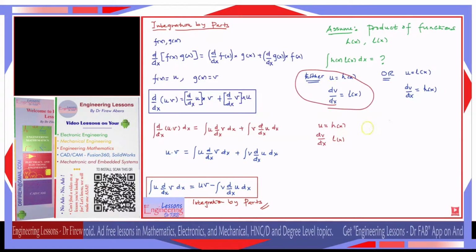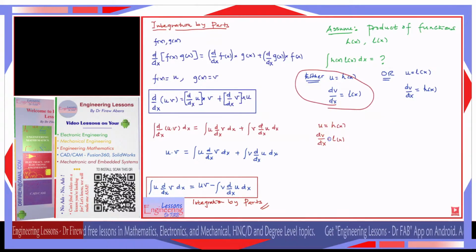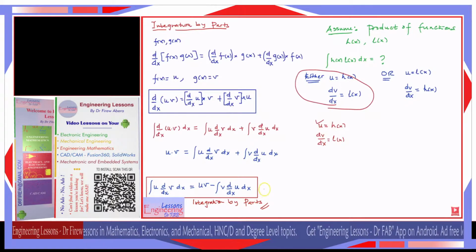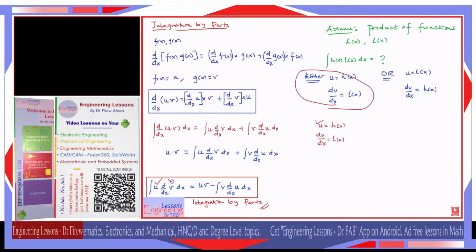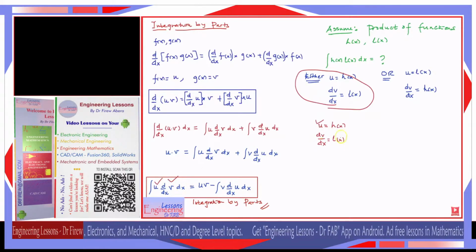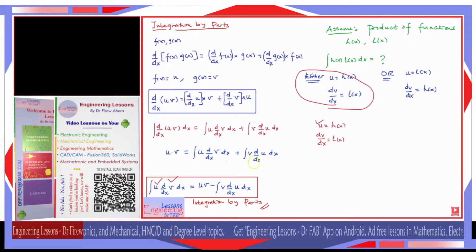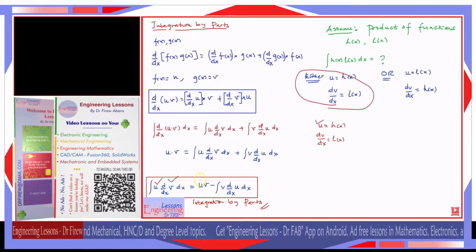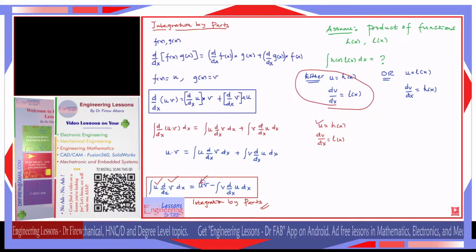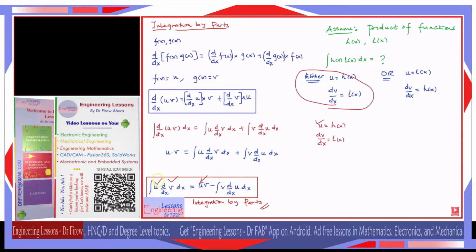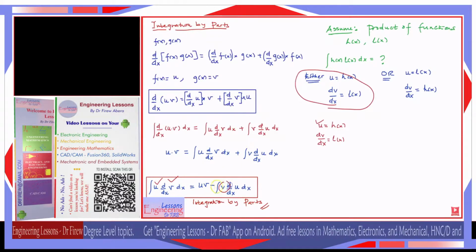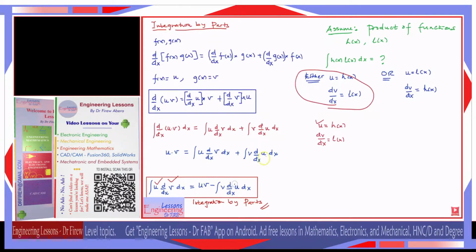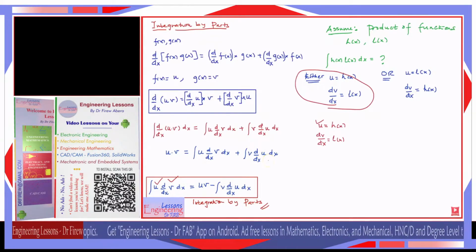If you look at each of the entries, u is assumed and dv by dx is also assumed to be L of x. The rest to find: u is the same u, but v is not yet addressed, and du by dx is also not yet addressed. Let us do that.